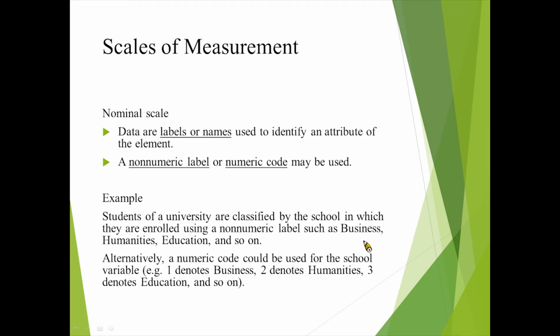Maybe you can set business equal to 1, humanities equal to 2, and education 3. So this is the numeric code. 1 denotes business, 2 denotes humanities, 3 denotes education, and so on. Because the data is non-numeric, you need to change it into numeric, so you can see 1, 2, 3.